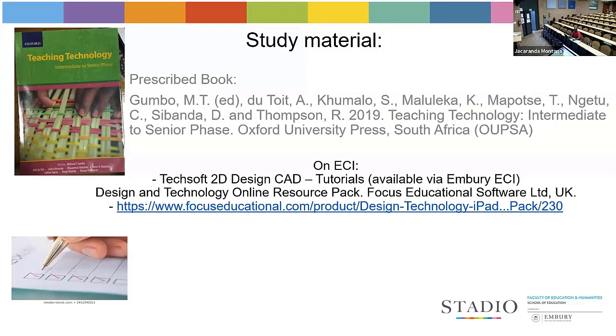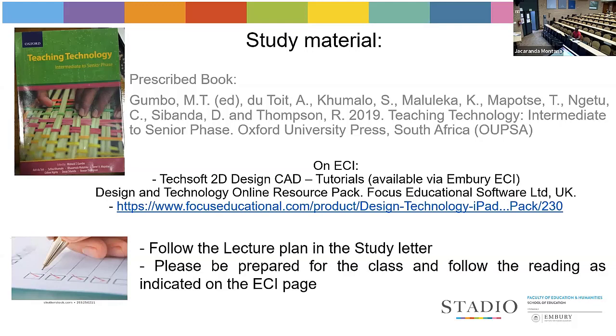The other very important thing is the TechSoft 2D design material, but that will be on ECI, and we're only going to work with that from weeks 4 and 5. It's not on ECI as yet, but it will be up there, so you don't have to get that extra. For now, it's just the prescribed book that's very important.